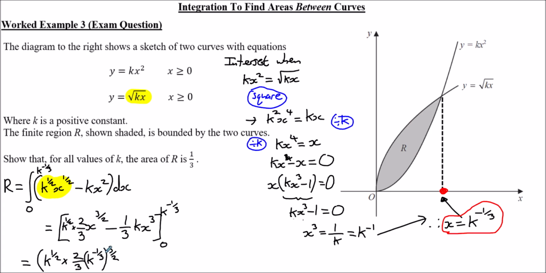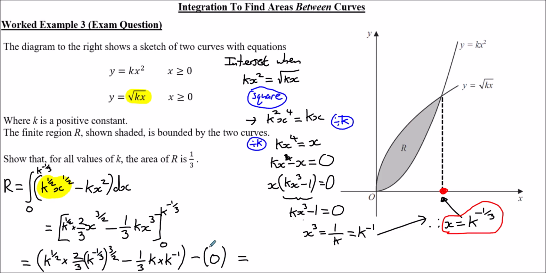This is going back to GCSE. We'll simplify this in a moment. I'm going to minus off 1/3 of k. Now, when x is k to the minus a third, k cubed will just give k to the minus 1. And of course, for the lower limit, when x is 0, well, that's going to give nothing there, and then k times 0 cubed again will be nothing. So I can just focus on the upper limit here.